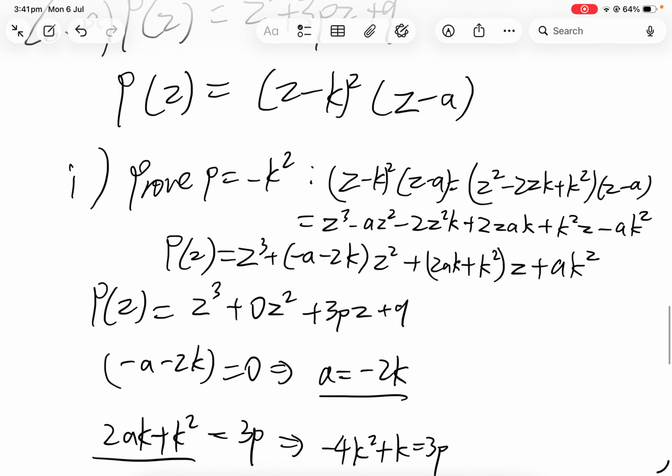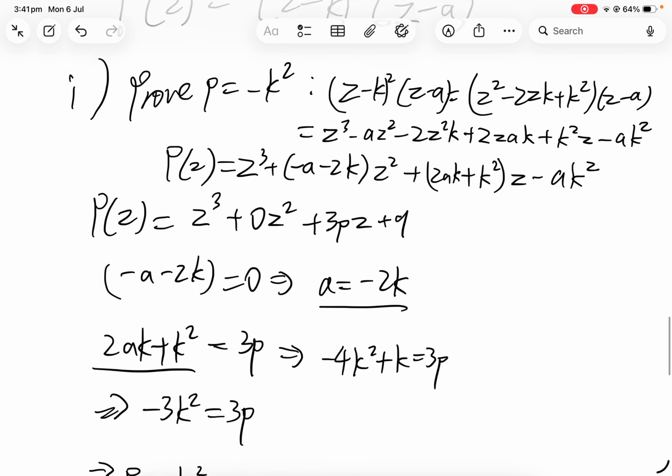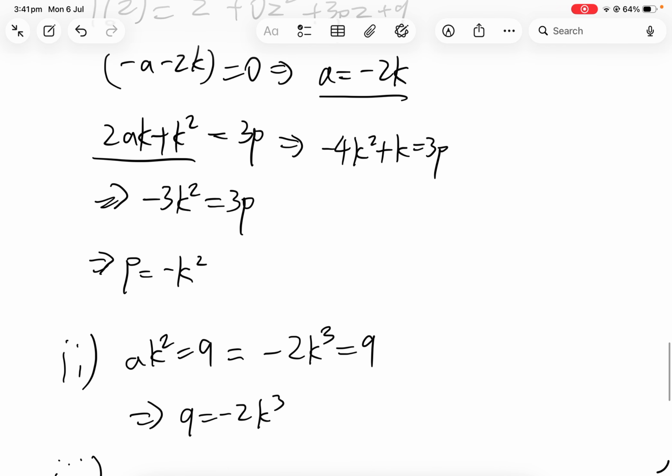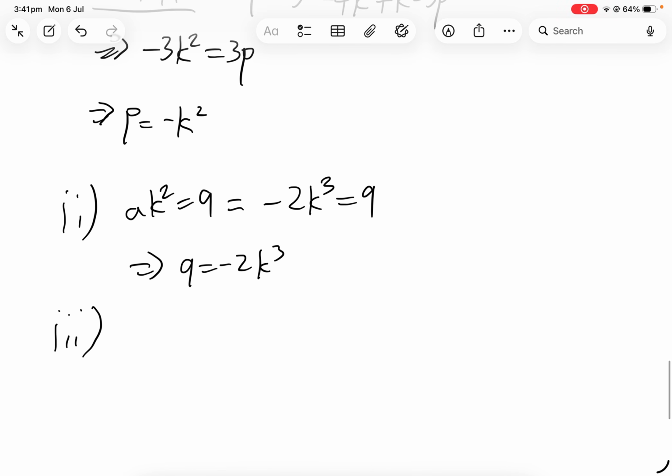Oh, I think I did that wrong. Yep, that should be negative. I am very blind, and good thing I checked. I was like, where did the negative go? And that's that.